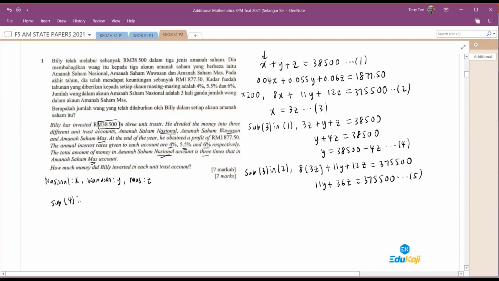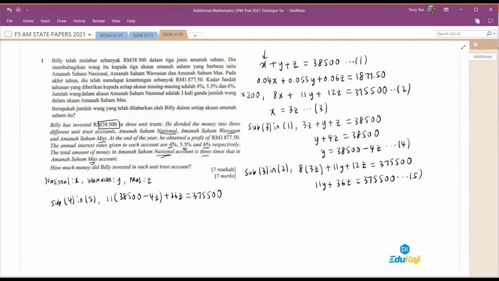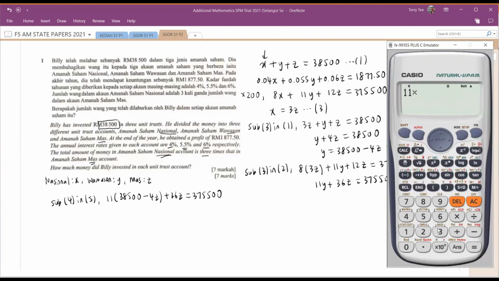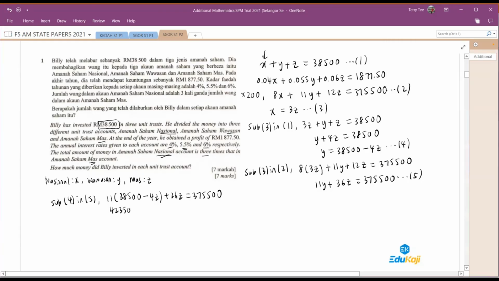So 11 times 38,500 minus 4Z, plus 36Z equals 375,500. Big numbers here, so we should use the calculator. 11 times 38,500 gives us 423,500. 11 times 4 is 44Z. Then I have 36Z.